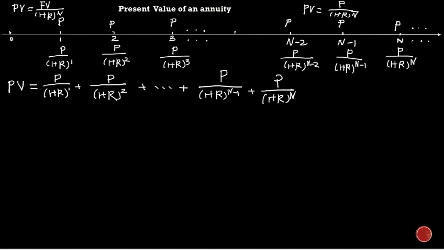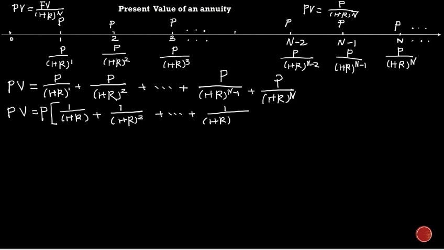We take the P out and put the leftover in a bracket: 1 over 1 plus R, plus 1 over 1 plus R to the second power, plus and so on, plus 1 over 1 plus R to the n minus 1, plus 1 over 1 plus R to the n.